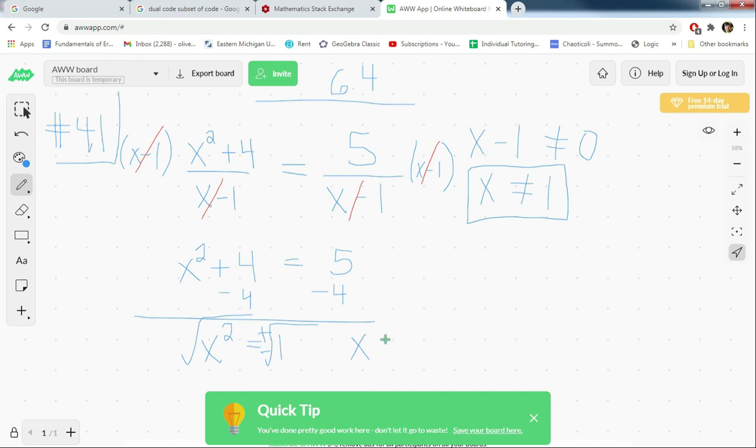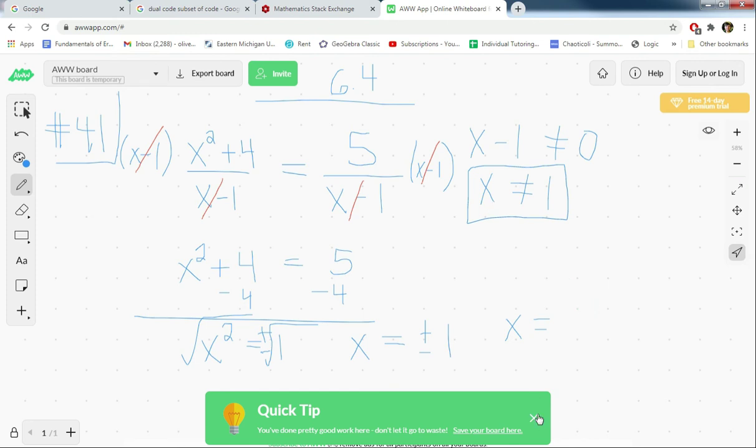Let's reconsider what we said initially. So initially, we had said that x cannot equal 1. That was our domain restriction. But over here now when we're solving, we apparently get two possible solutions, plus or minus 1. So that just means we need to throw out the positive 1 because of the domain restriction right here.